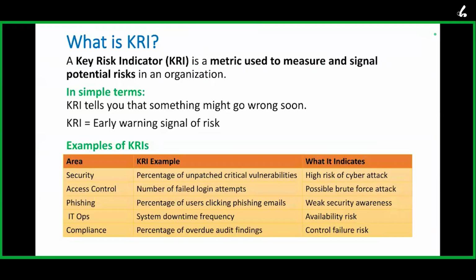KRI is an early warning signal of the risk. If something is not working or has some problem, based on that performance we will be able to define the control. This gives us an alert or indication to implement the control.